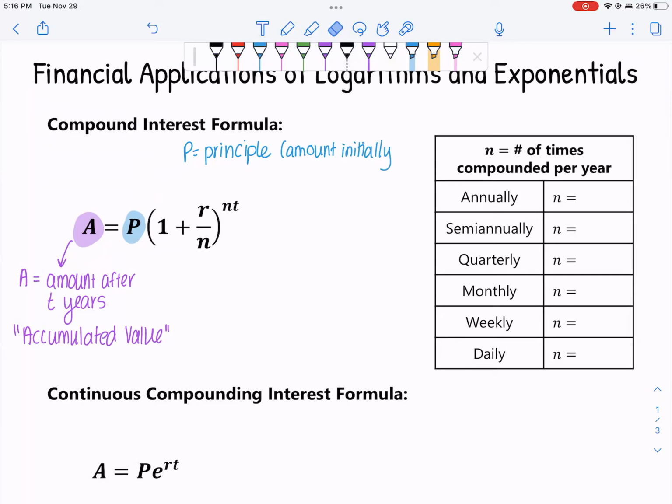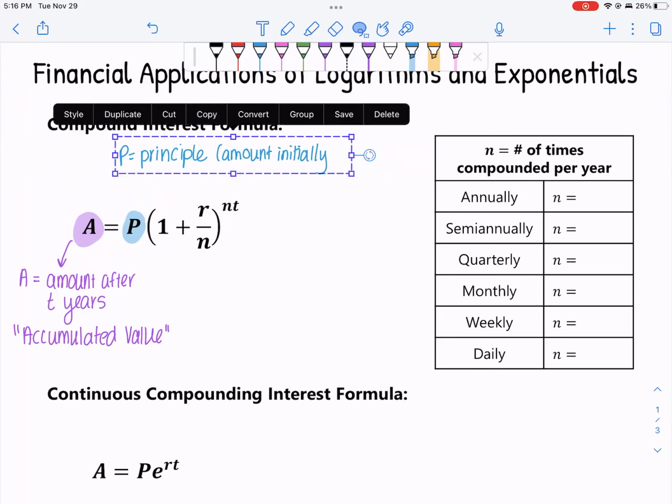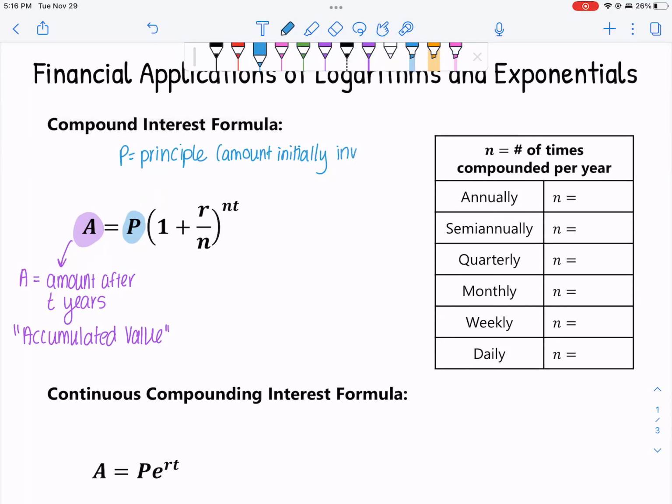Sometimes this is also called present value. So the present value of an amount that could become this amount after a certain amount of time is the idea.